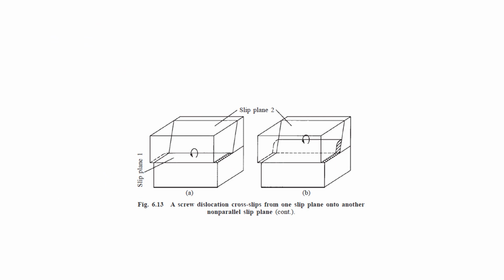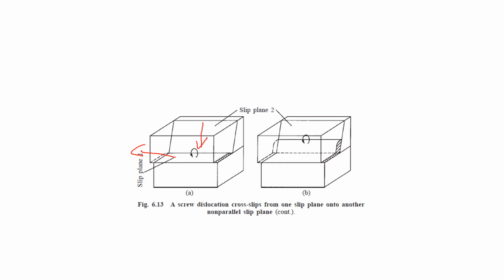In the case of a screw dislocation, there is no unique glide plane. So it can change the slip plane during its motion. You can see in this figure two slip planes, slip plane 1 and slip plane 2. As one slip plane moves in this direction, the other slip plane may move like this.